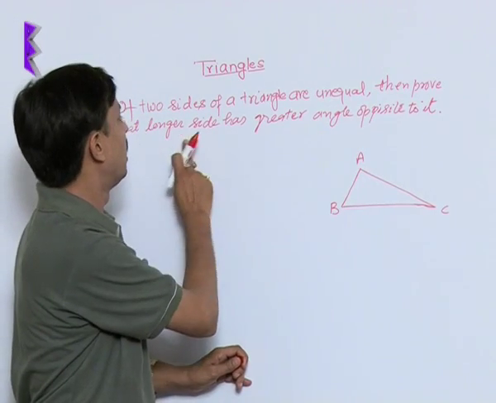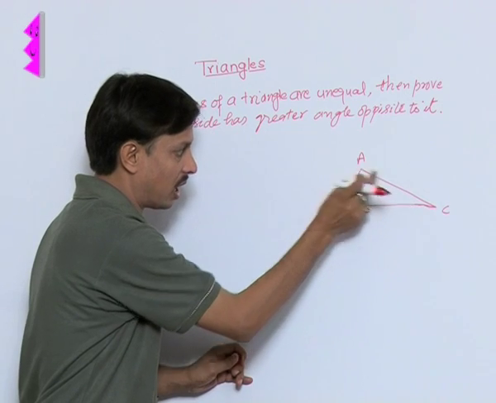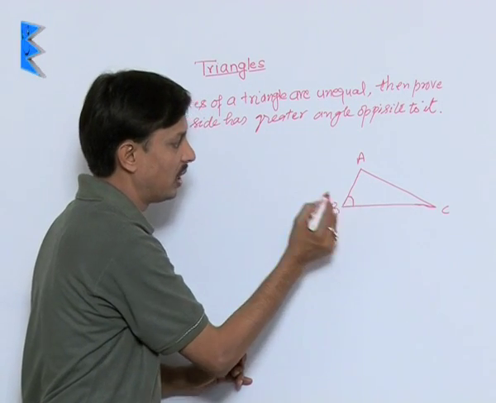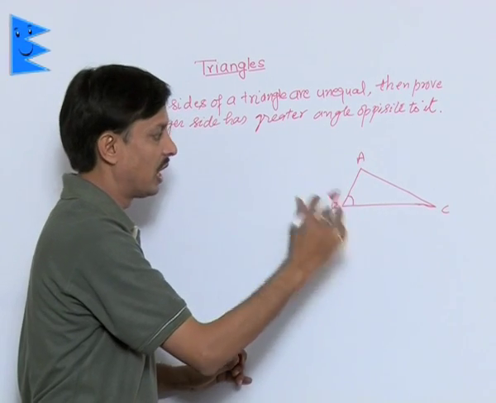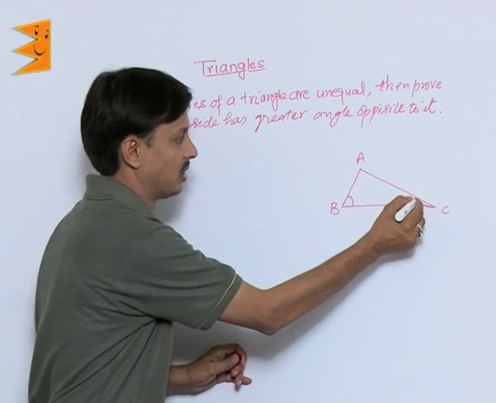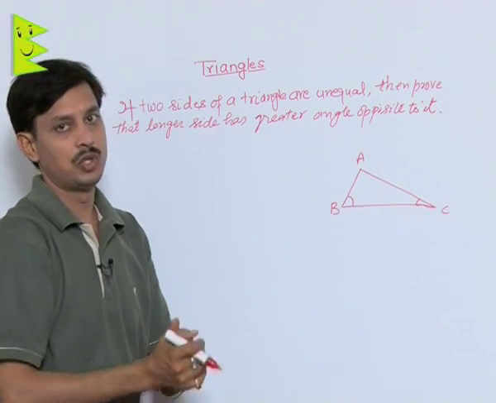Then prove that the longer side is AC, and the angle opposite to this is B. Prove that this angle B is greater than the angle opposite to the shorter side AB, that is C. So I need to prove angle B is greater than angle C.